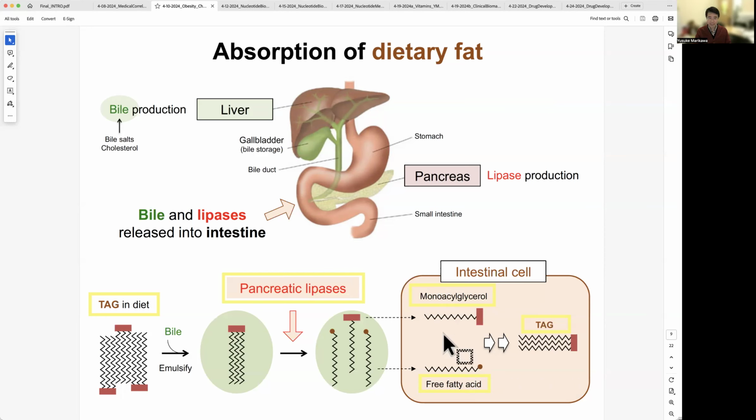And in the intestine, those are the forms that are absorbed by the intestine, but intestinal cells are going to put those things back together into TAG. Okay? You need to know the enzyme name involved in this, and those products that get absorbed by the intestinal cell packed into TAG. Okay?